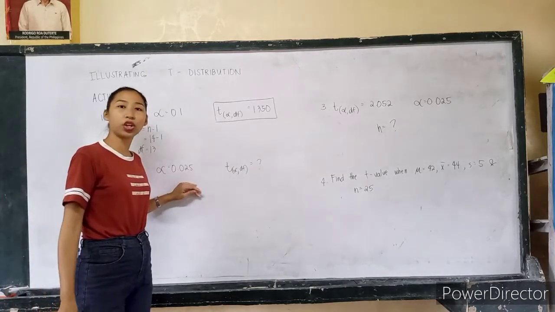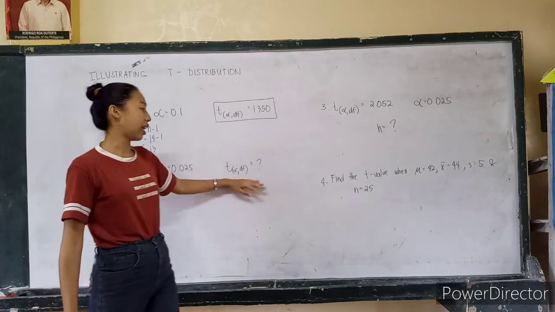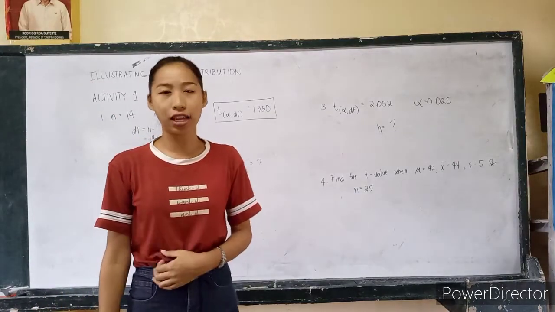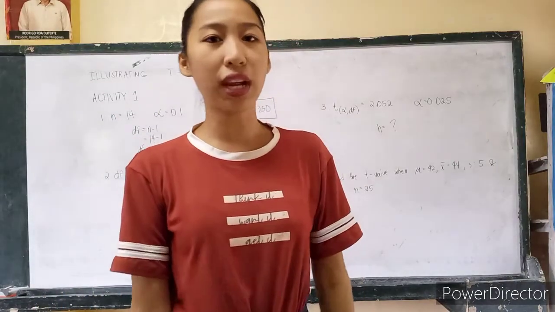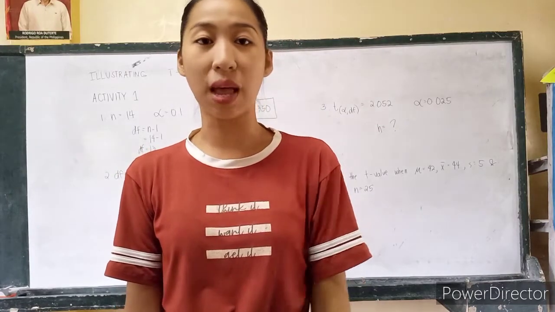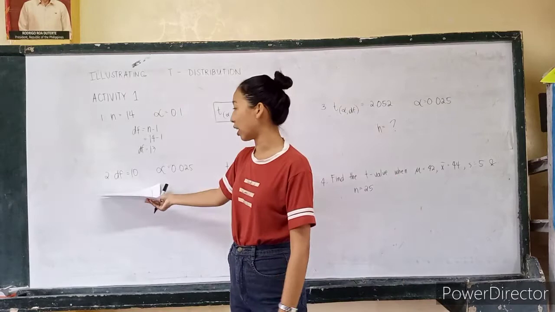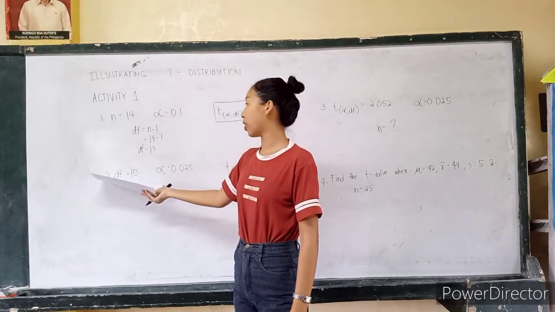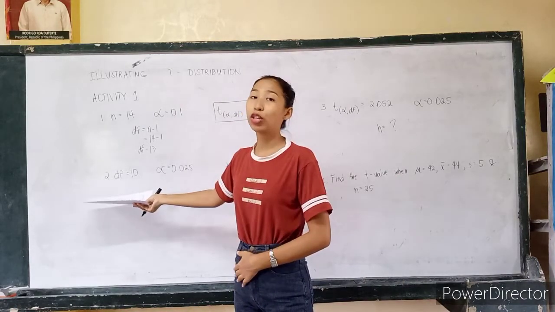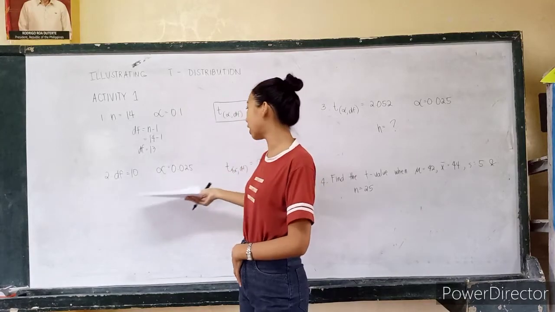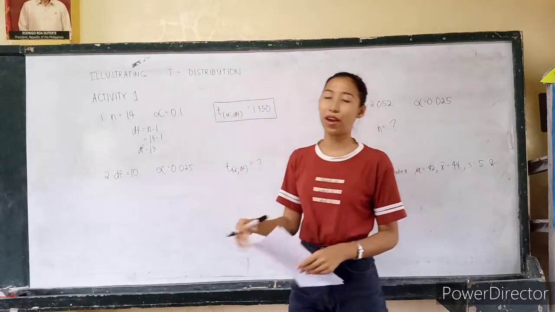Second example. In our second example, df is equal to 10, alpha is equal to 0.025, and we are still looking for our t value. For number 2, you no longer need to subtract 1 from your sample size, because you are already directly given the df or degrees of freedom. So we use 10 and 0.025 directly.